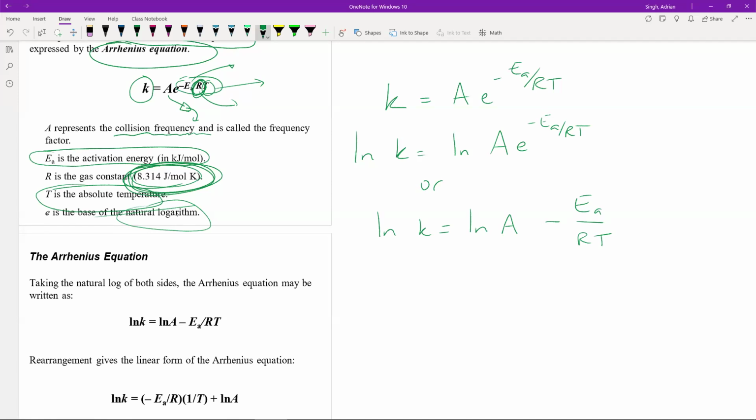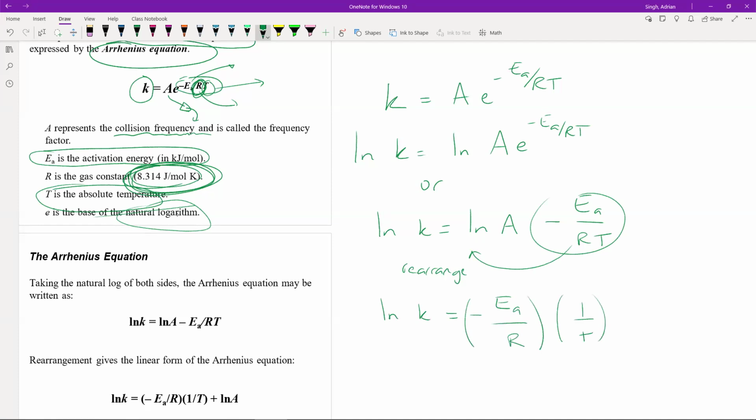What we've done here now is make it into a form that's a little more user-friendly. If we rearrange this, and this will sound like a common theme compared to some of the other things we've done previously, I can end up with ln k being equal to, if I move this to the front, negative Ea over R times 1 over T. If I multiply these two together, I get back the original thing up here.